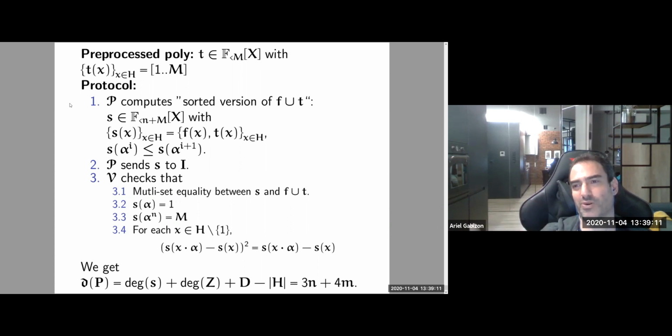With this approach, sorry, in the bottom it should be capital M. If you look at the sum of degrees, instead of n times log capital M, you get something like n plus 4M. So you don't have the multiplication, but you have capital M instead of log M. So the ideal thing would be if you could get, say, 3n plus square root of capital M, for example.